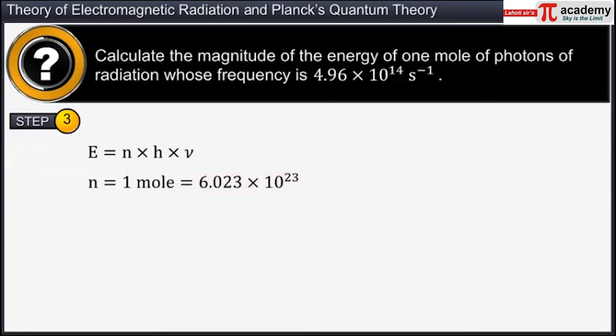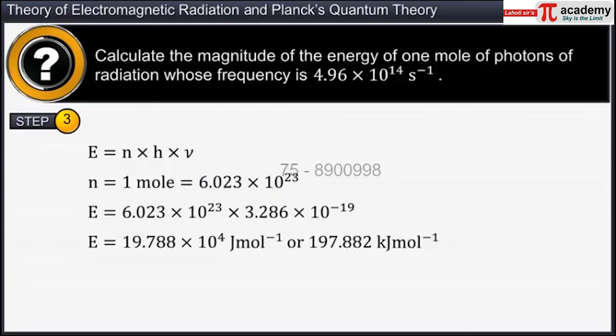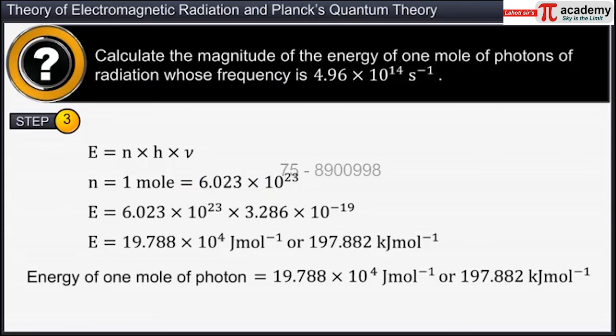On substituting the value of N, h, nu in the equation and solving, we finally get E equals 19.788 multiplied by 10 raised to the power of 4 joule per mole, or 197.882 kilojoule per mole.